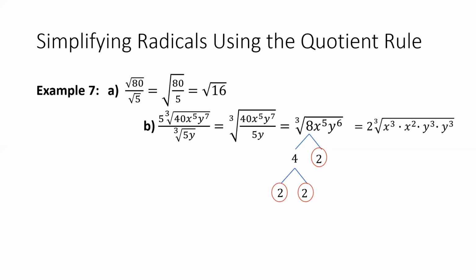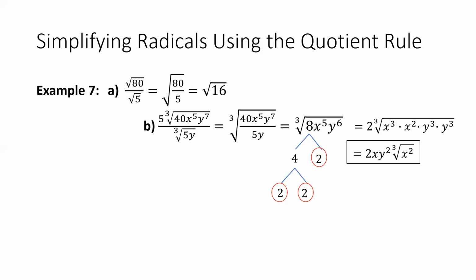So I can pull out one group of 3 and I can pull out another group of 3. And so now with that in mind, I see that I have a cube root. So I can pull out one group of x cubed in front, just leaving me with 2x. And then I can pull out my 2 groups of y cubed, which leaves me with a y squared in front of my root. And then the only thing left is my x squared under my cube root.